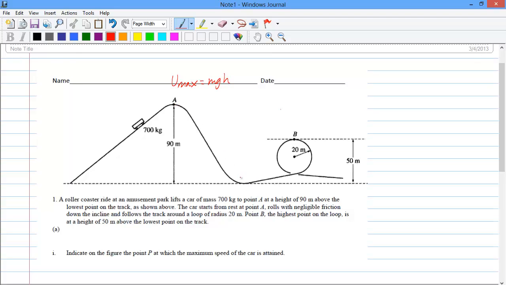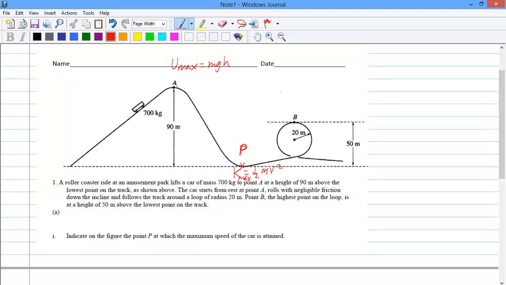When it reaches its lowest point, all that potential energy is going to become kinetic energy, so I can call this max 1/2 mv squared. I can call this point P, and that's where it's going to be the fastest, because all that potential energy from the top at point A becomes kinetic energy at the very bottom.